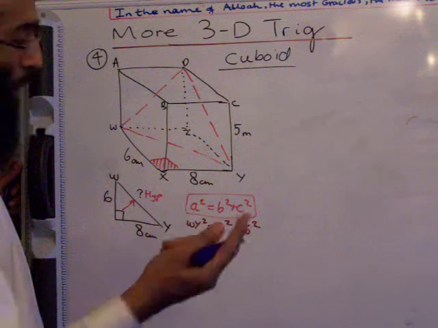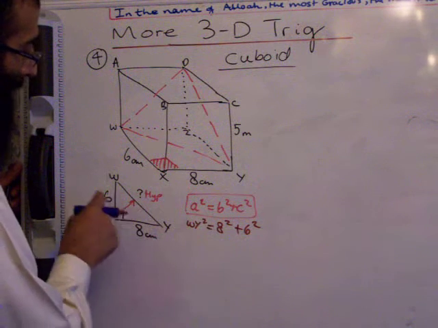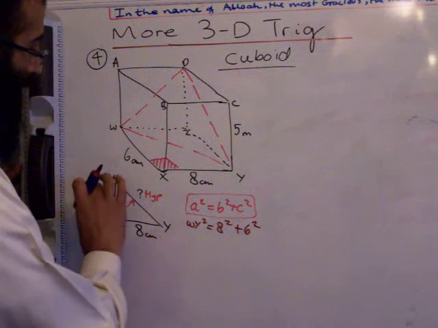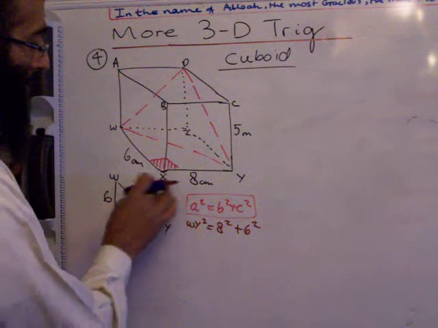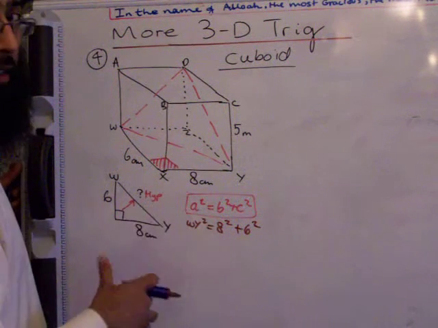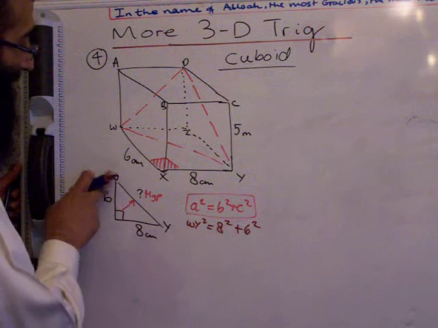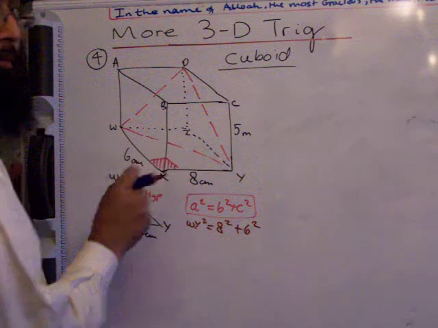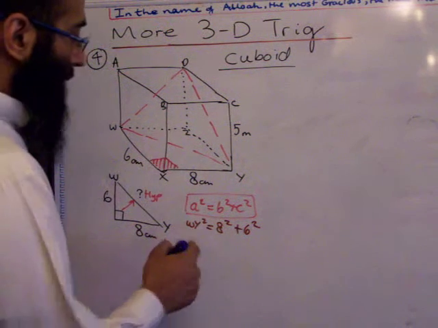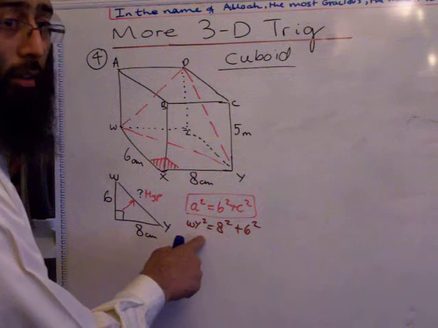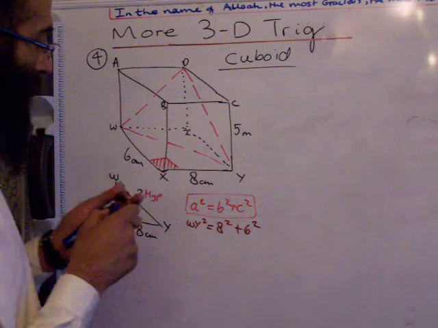Okay, so at the moment I don't really get confused with the big Y and W's. I'm going to call this little b, call that little c, and the hypotenuse part is called a. That's my own labeling which I'm doing in my head for a right angle triangle. So if I want to work out WY, I've got WY squared. So I need to get rid of the squared. Square root.